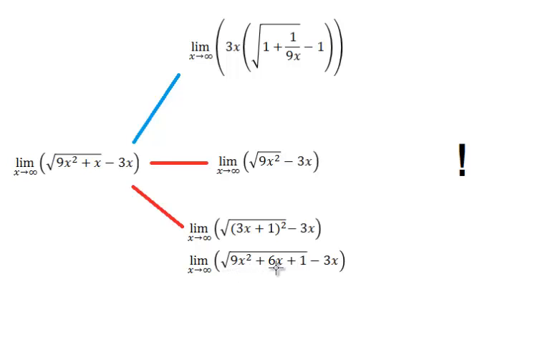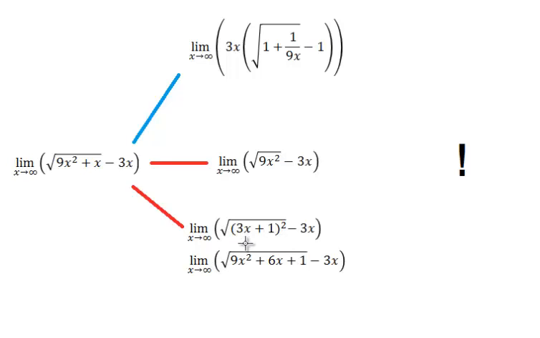If we square out 3x plus 1, you get 9x squared plus 6x plus 1, and the 9x squared is the same as there. So it's pretty close to the same. It's just a little bigger, because here I've got plus x and here I've got plus 6x plus 1. So I've definitely made this function a little bit bigger.